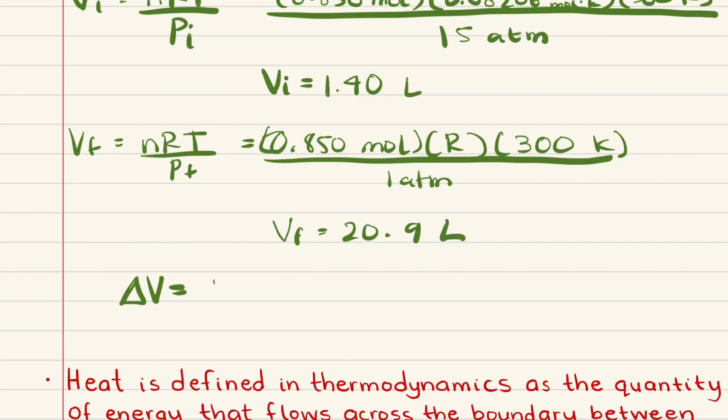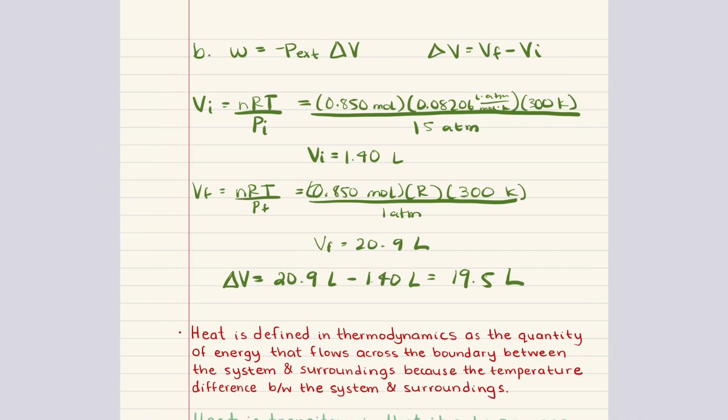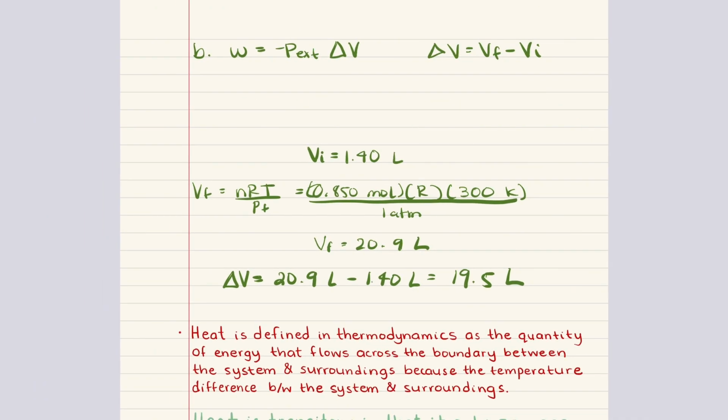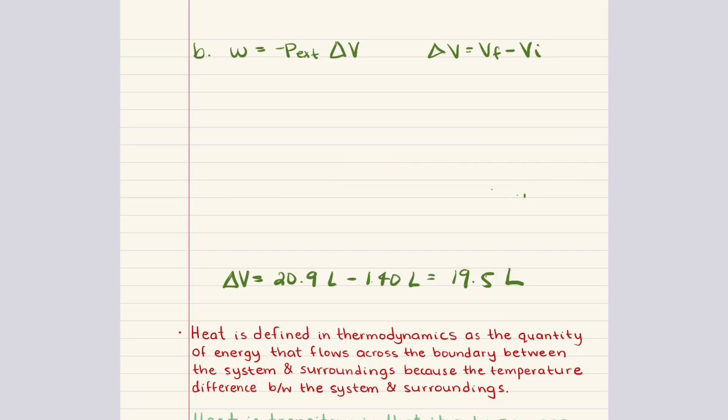Then the change in volume is simply 20.9 liters minus 1.40 liters, and that is equal to 19.5 liters. Substituting into the equation for work, we get that work is equal to negative 1 atmosphere multiplied by 19.5 liters. That is equal to negative 19.5 liter times atmosphere.